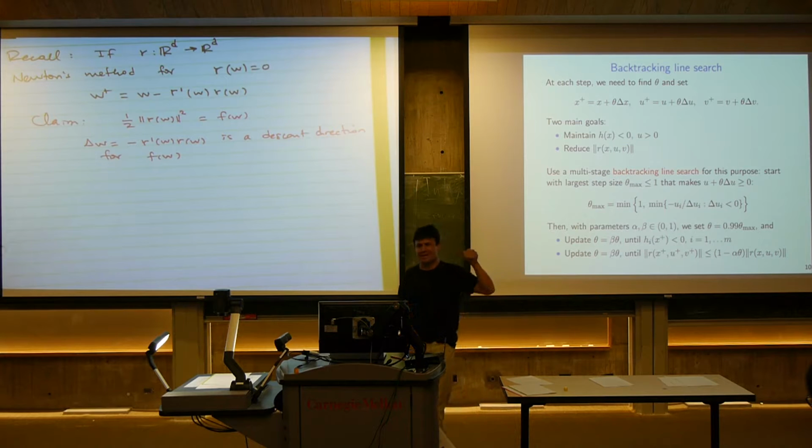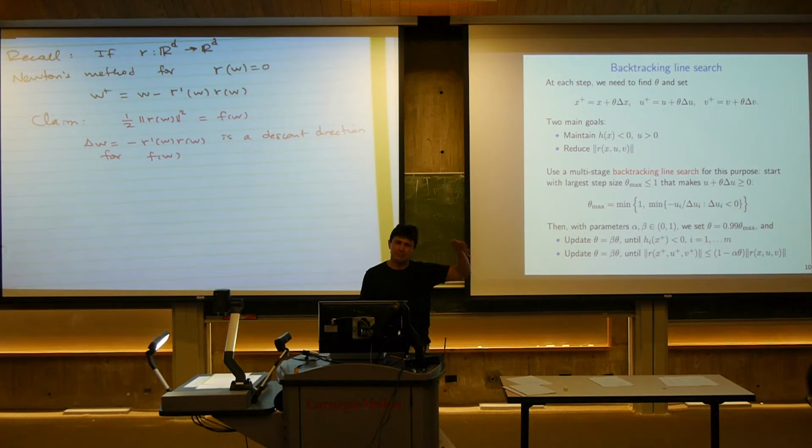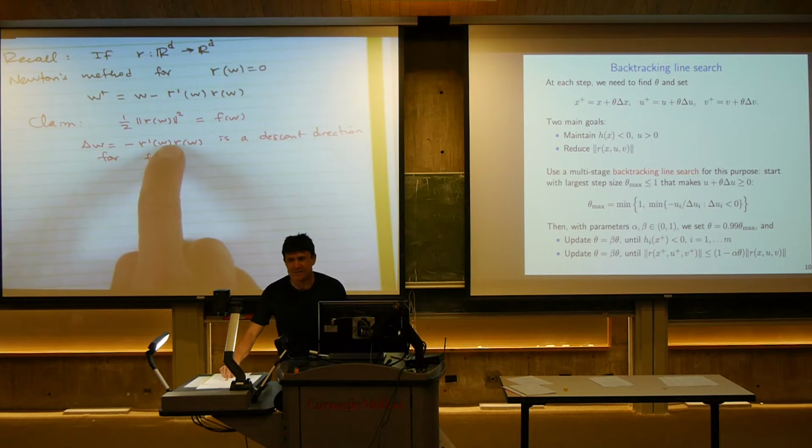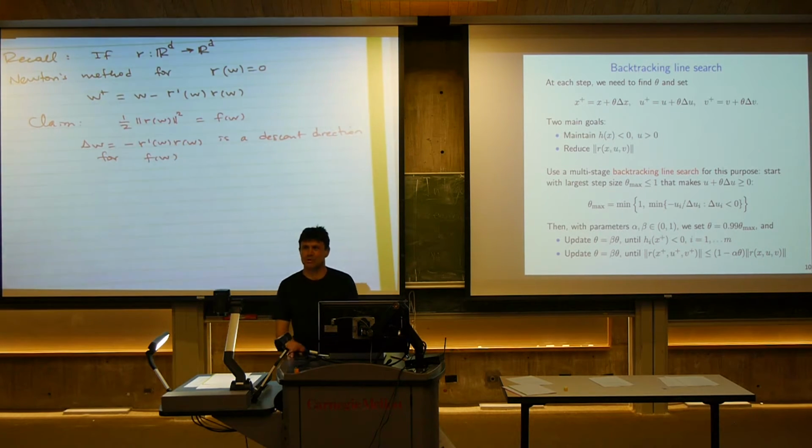When you do gradient descent, there is a similar type of minimum decrease that you have to satisfy for doing your backtracking. How do you guarantee that eventually that condition holds? Because you're moving in a descent direction. So here, the Newton direction is a descent direction for the norm. So that also guarantees that that will hold.